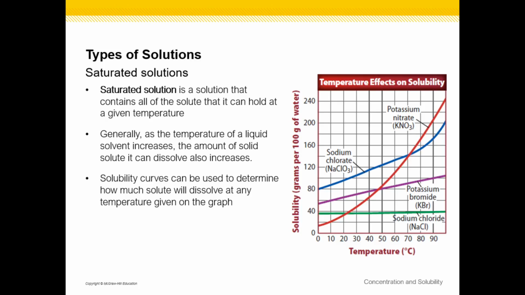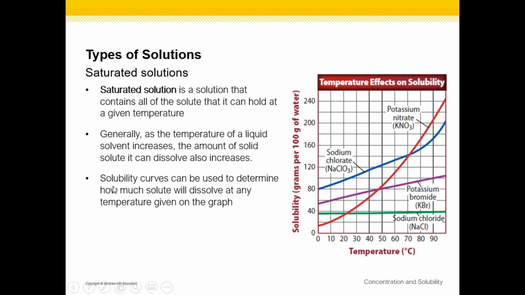However, different substances are more susceptible to changes in their solubility based on temperature. For example, potassium nitrate is a little under 20 grams per 100 grams of water at 0 degrees Celsius. So it has a solubility of roughly 18-ish at 0 degrees Celsius.